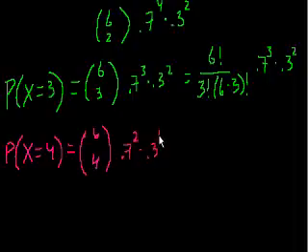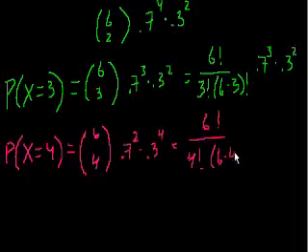So to make 4, 0.3 to the fourth. So in any one of these ways where I make 4 shots, this is their probability. And there are this many ways of doing it. And that's equal to 6 factorial over 4 factorial times 6 minus 4 factorial, and then times 0.7 squared times 0.3 to the fourth.